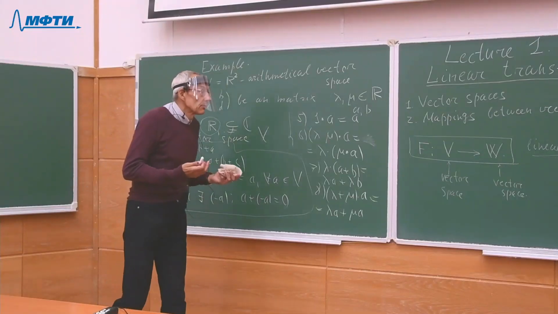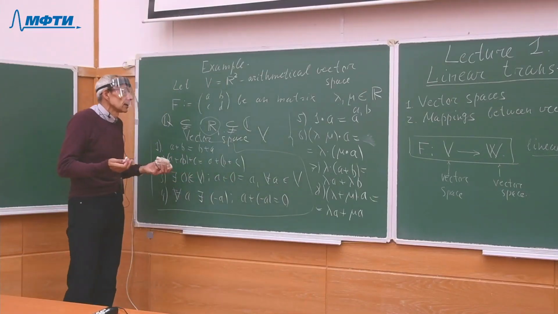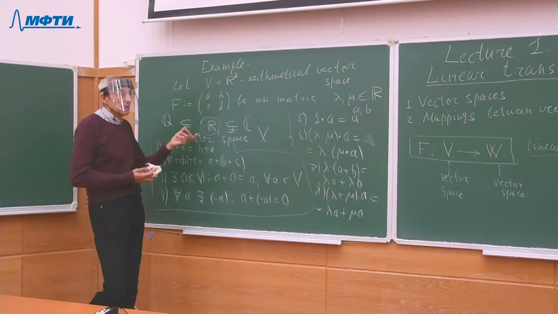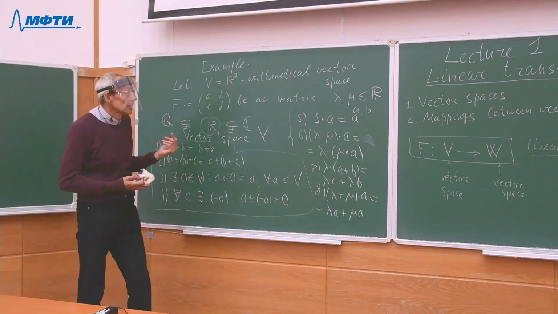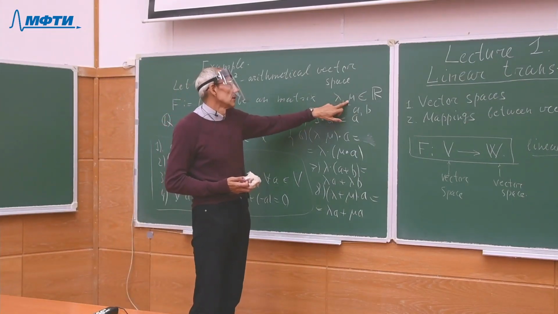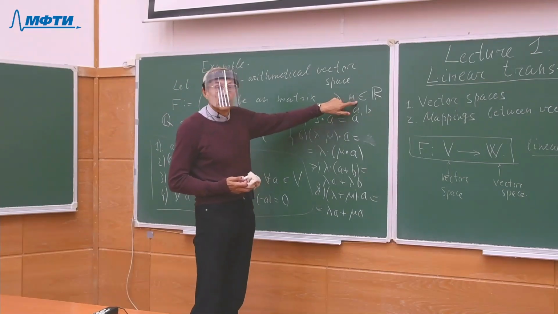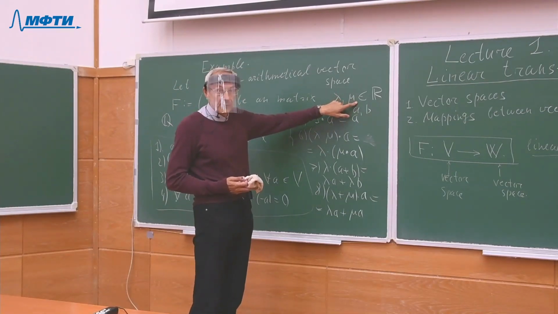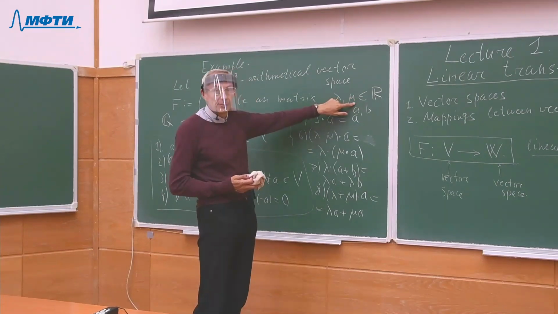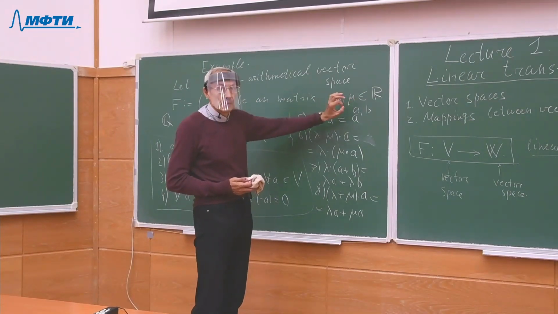What does it mean, basic? Basic means that we consider the vector space over this basic field. It means that we consider scalars only from this basic field. First of all, we fix a basic field.